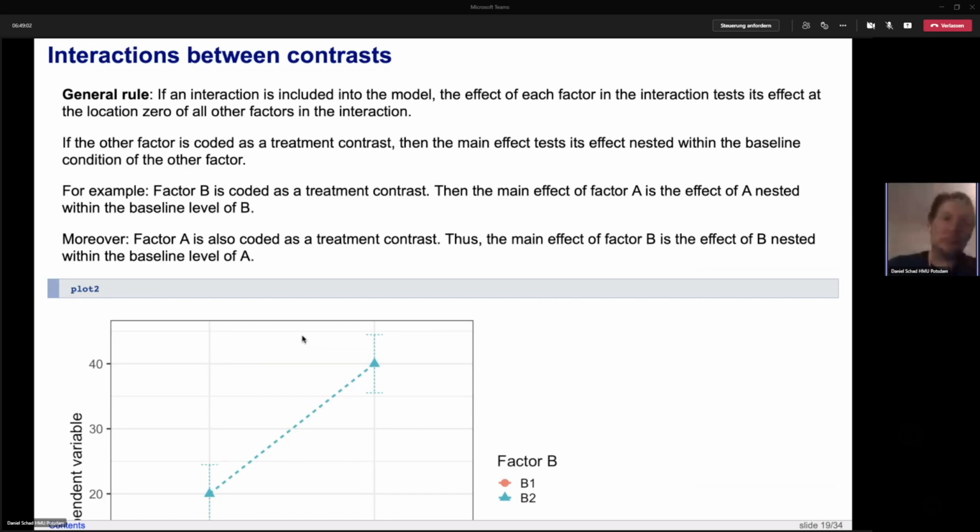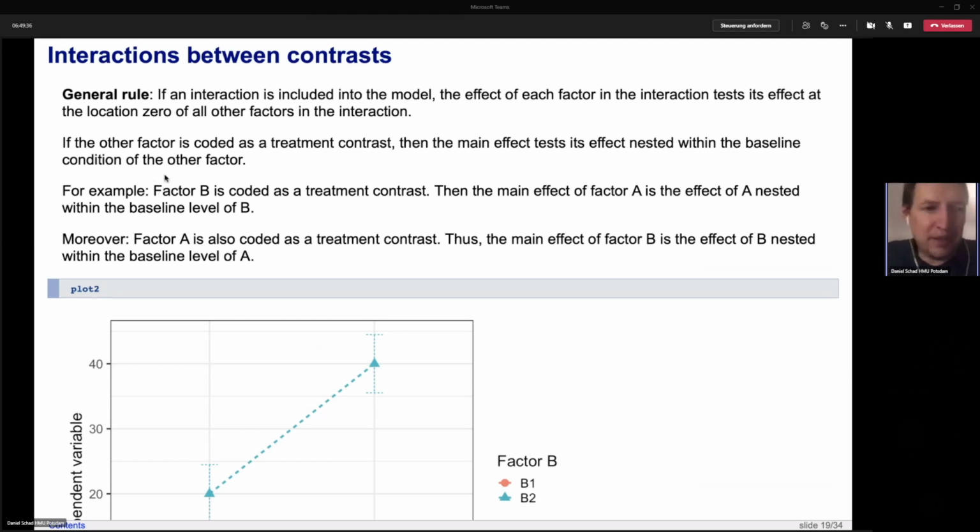So if there are interactions between contrasts in a design, the general rule is: if there's an interaction included in the model, the effect of each factor in the interaction tests its simple effect. It tests its effect at the location 0 of all other factors in the interaction. That's a bit abstract. So if the other factor is coded as a treatment contrast, then the main effect tests the nested effect within the baseline condition of the other factor. Okay, let's get to an example.